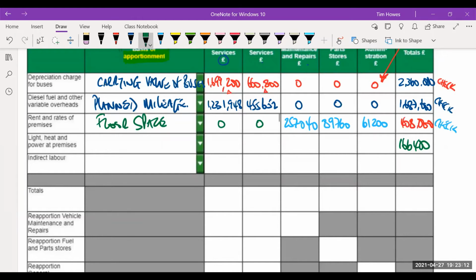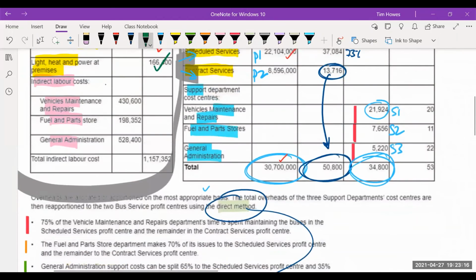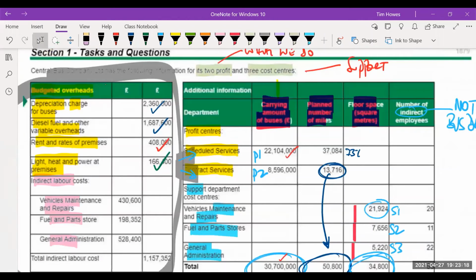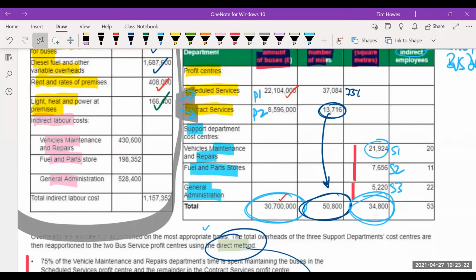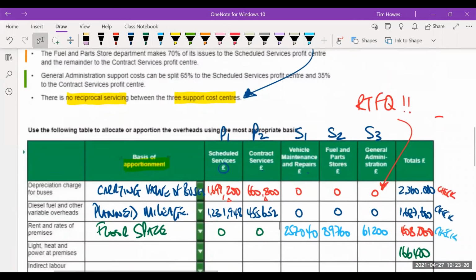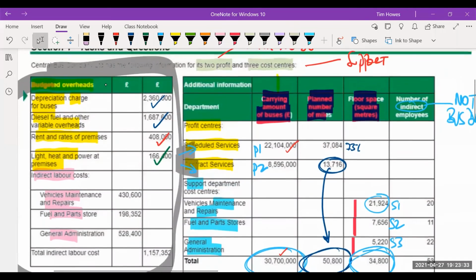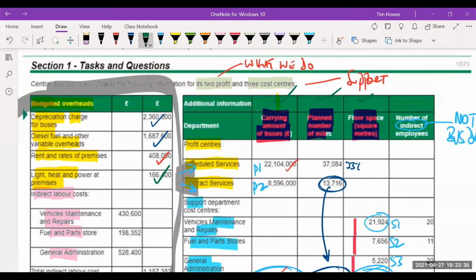Okay, so my question to you then is this: how are we going to get the light, heat and power of the premises allocated between, well, effectively the premises is occupied by the supports, isn't it? Okay, so how are we going to do that? And what you might be thinking is, hang on, I'm running out now because I've done this one, I've done this one, I've done this one.